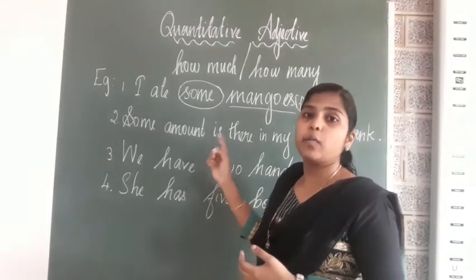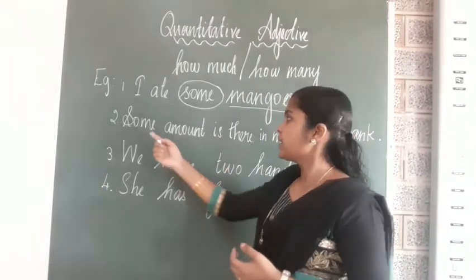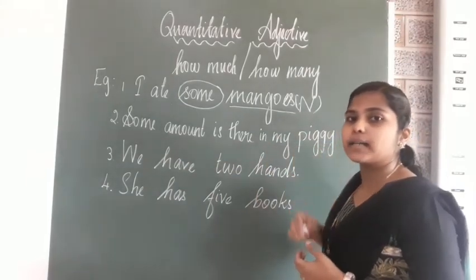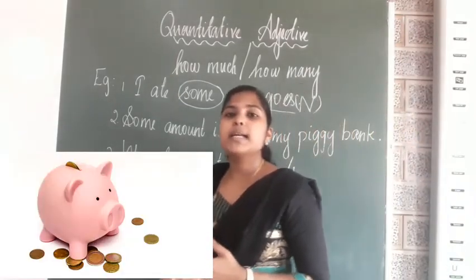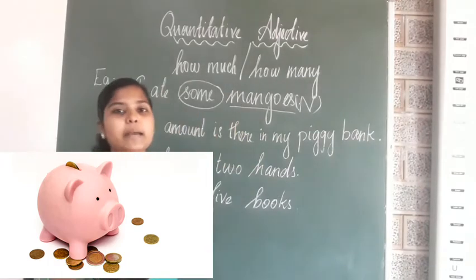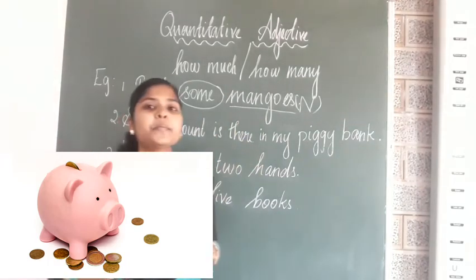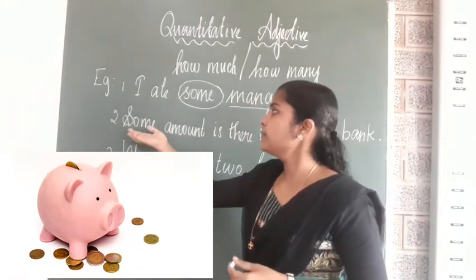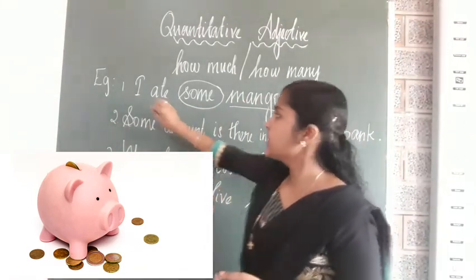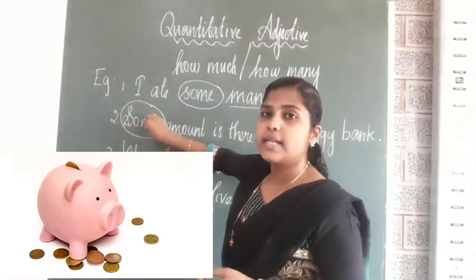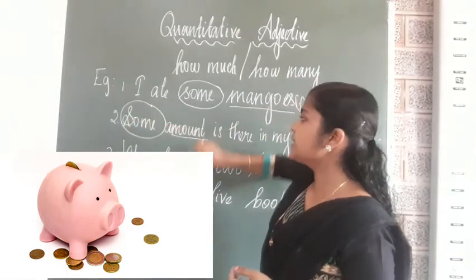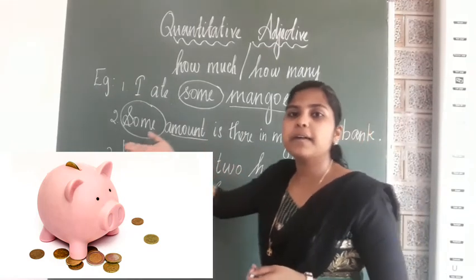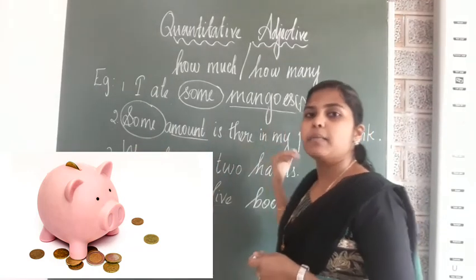Now you are going to say what is the adjective here. Some amount is there in my piggy bank. Here, what is the adjective? Some amount. Here, some is the adjective used for this noun. Can you understand? I am not saying 500 rupees is there in my piggy bank.